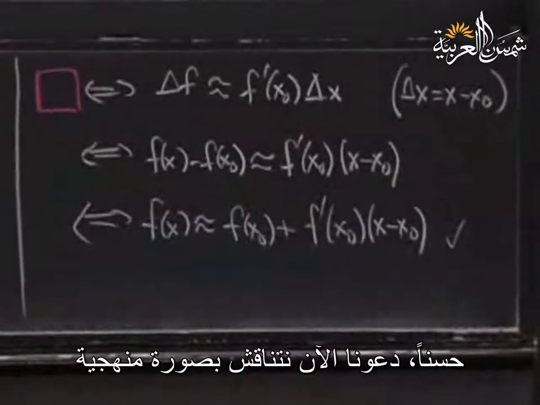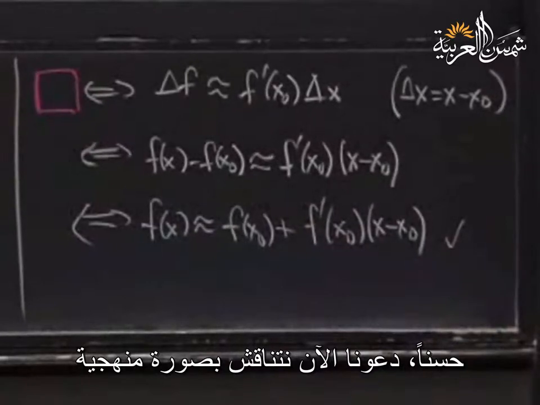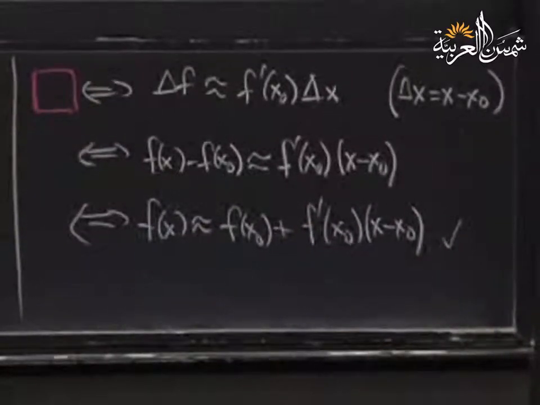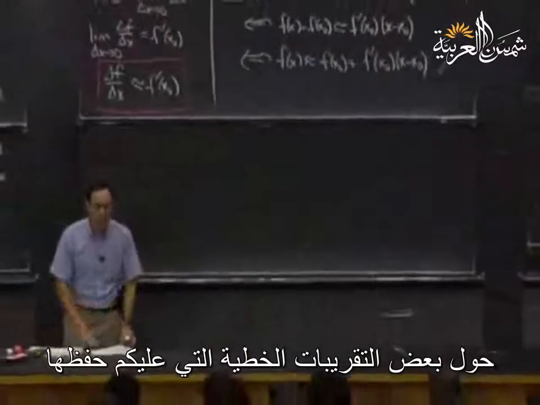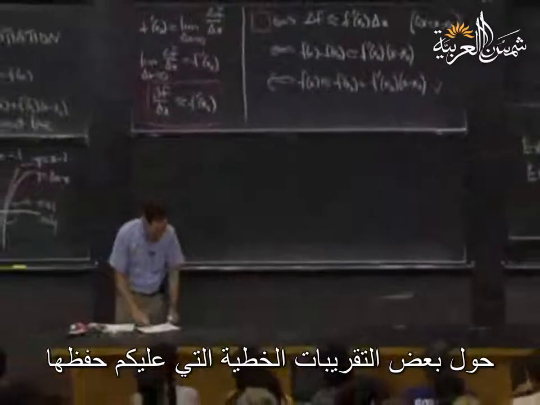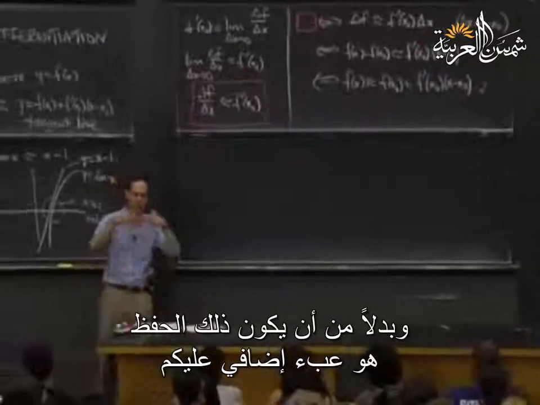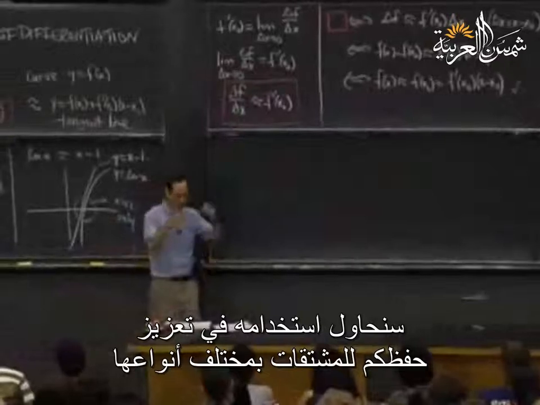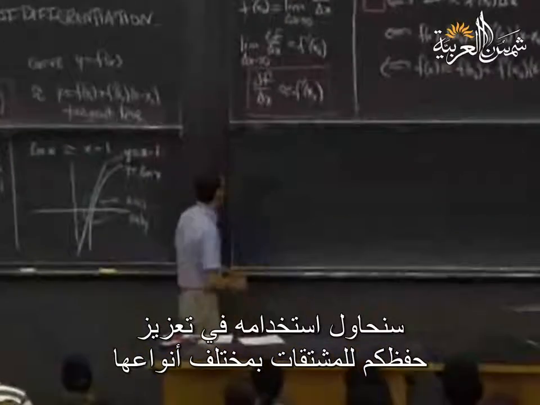All right, so now I want to go through some systematic discussion here of several linear approximations, which you're going to be wanting to memorize. And rather than it being hard to memorize these, it's supposed to remind you, so you'll have a lot of extra reinforcement in remembering derivatives of all kinds.